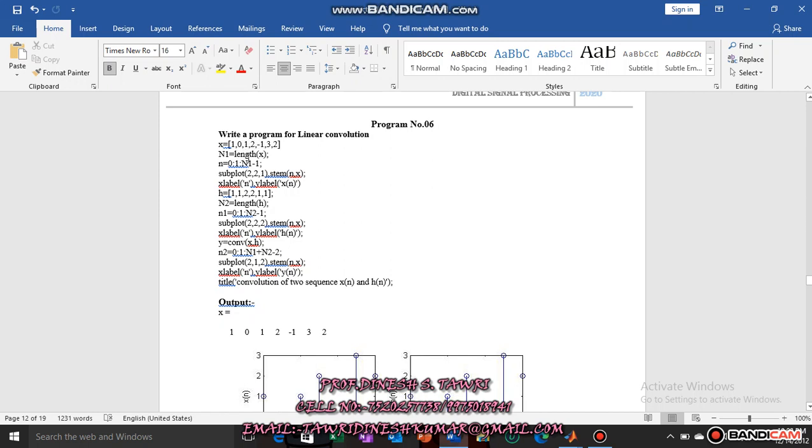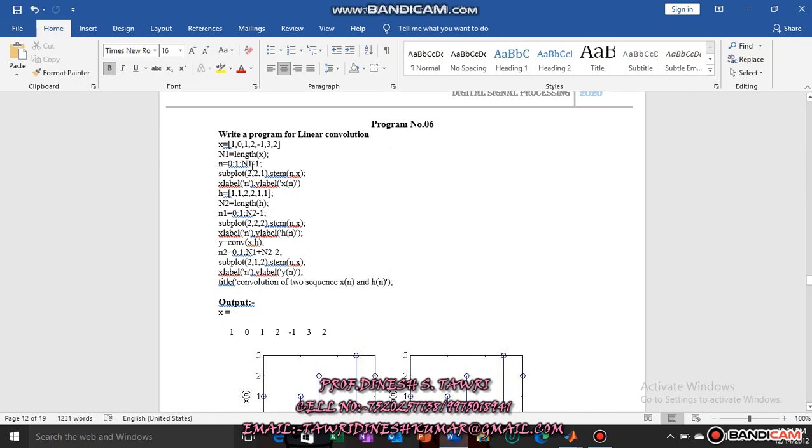So n1 is equal to length of x; you have to write the first sequence in the round bracket, followed by a semicolon. In the next line write n is equal to 0 colon 1 colon n1 minus 1.